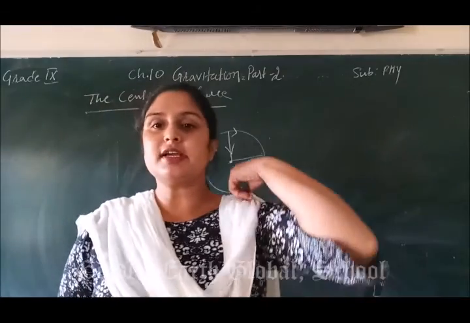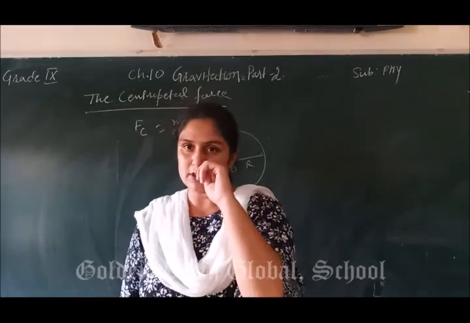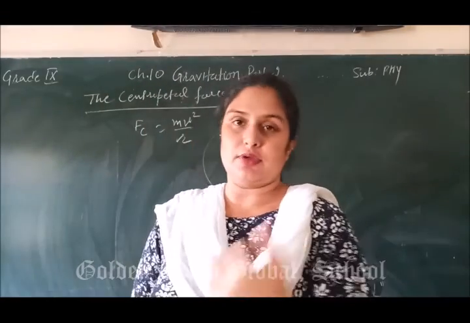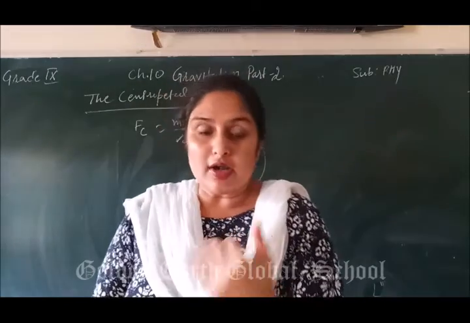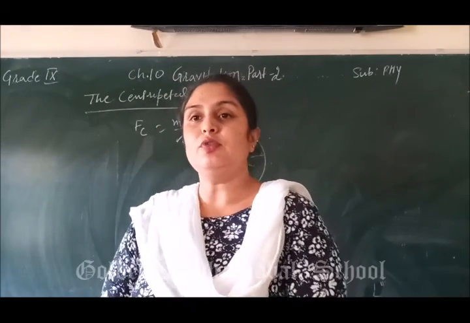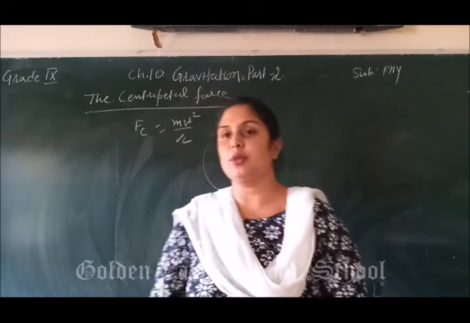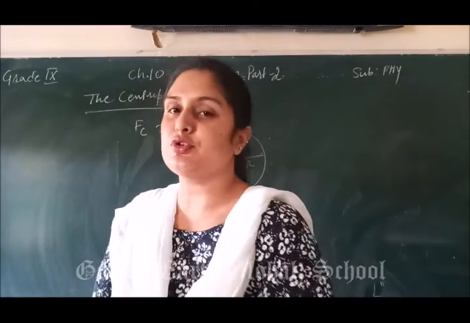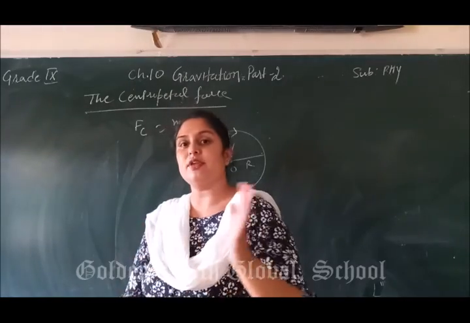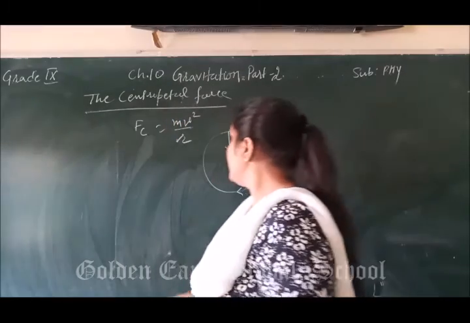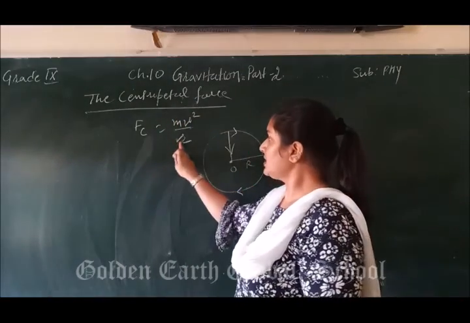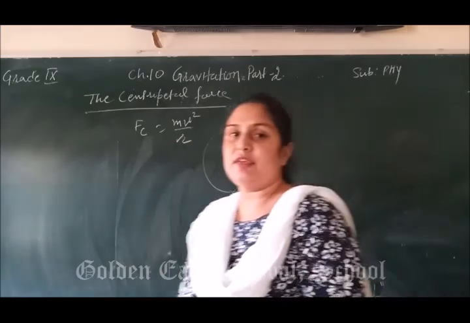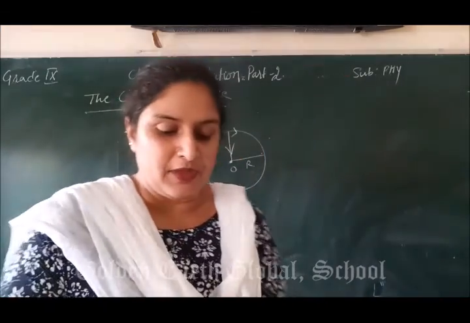Now, by using the concept of centripetal force, we are going to explain how Newton was able to find that the force depends on the masses and is inversely proportional to the square of the distance, which we did in our previous lecture. So, force Fc is given by mv square upon r.